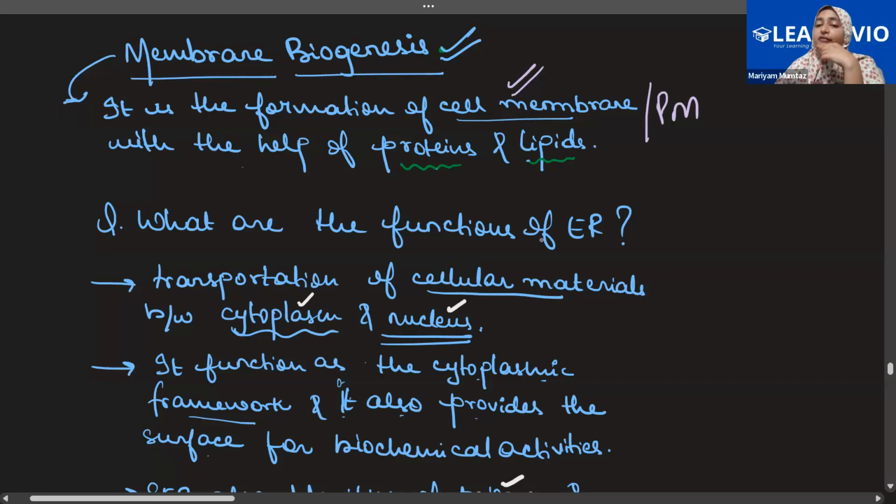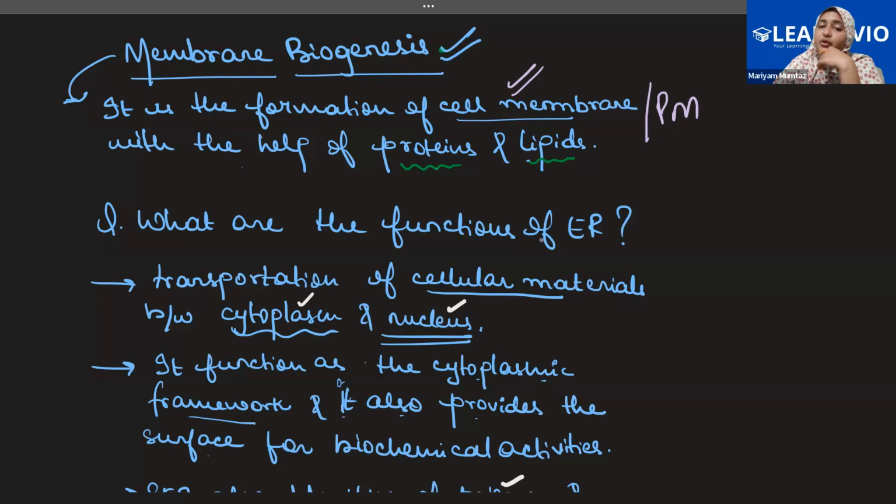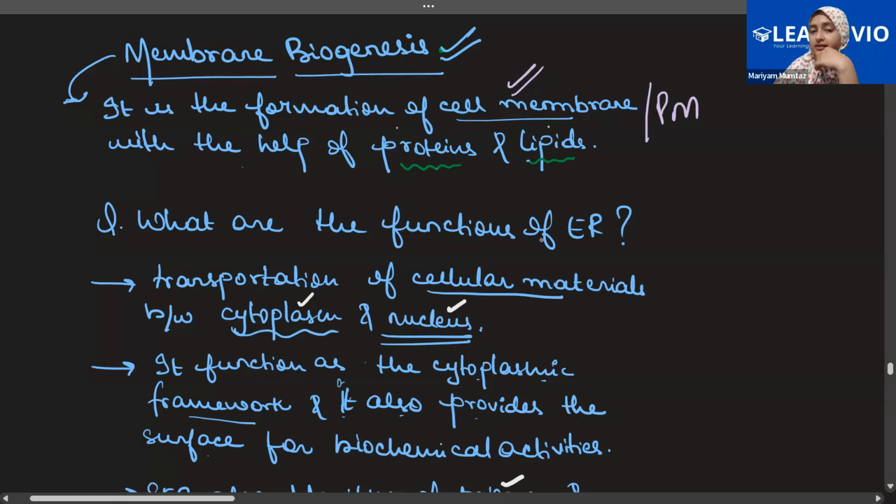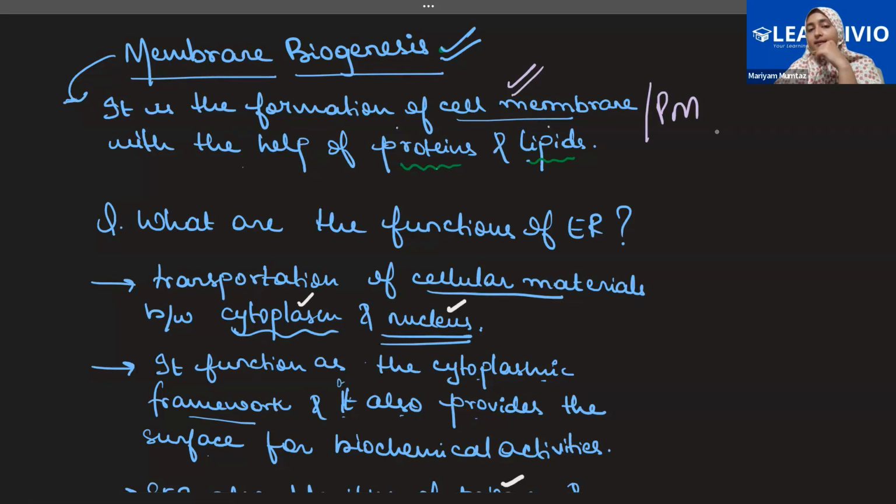So whenever the membrane is formed or synthesized with the help of protein and lipid, this entire process is called membrane biogenesis. Clear? Membrane biogenesis. Clear to you all? Very good.